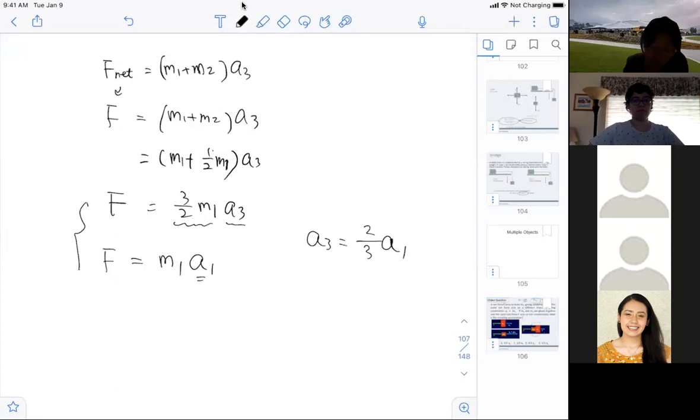Or you simply do substitution of F over here: M1 A1 is equal to F is equal to 3/2 M1 A3. So you can figure out A3 is 2/3 of A1. Or you simply divide these two equations and do a proportion where the force cancels out.